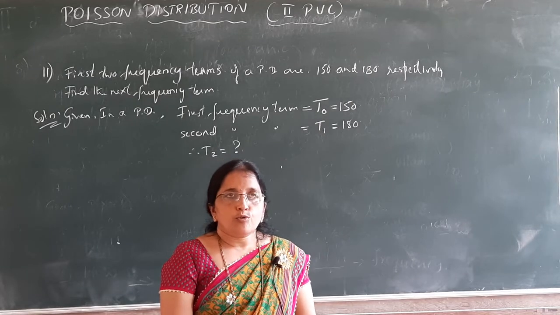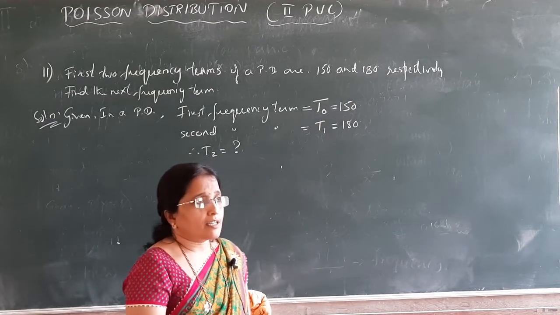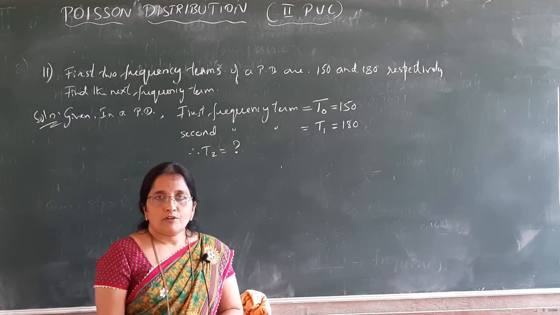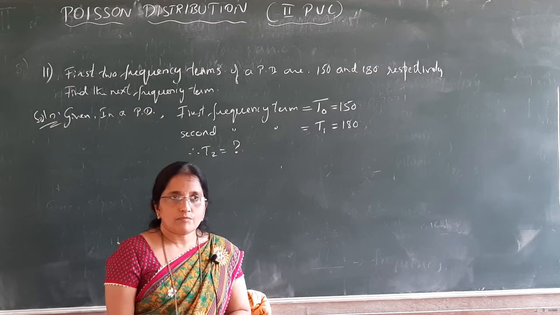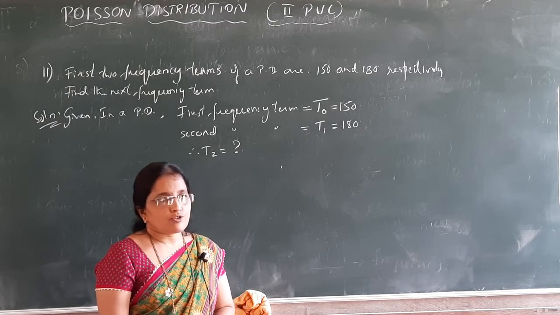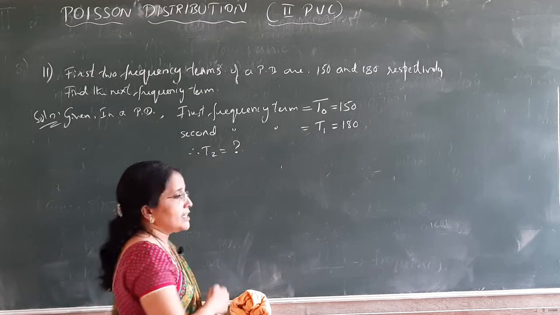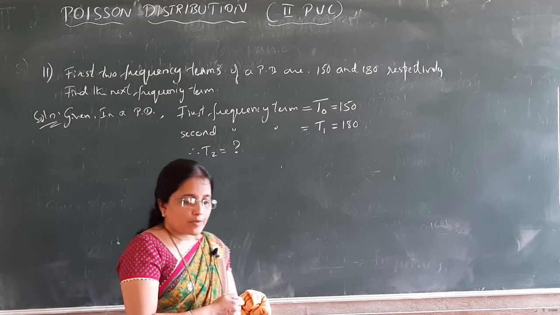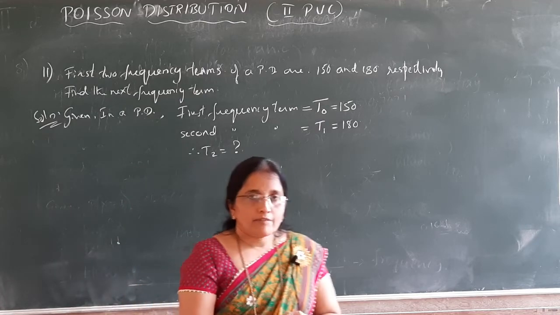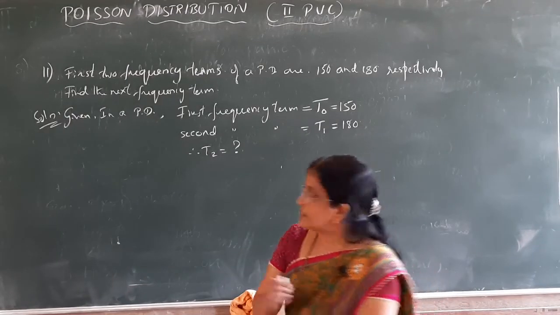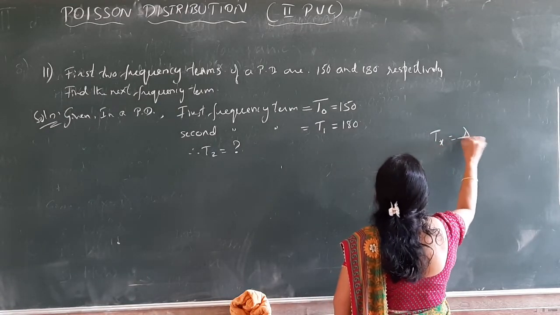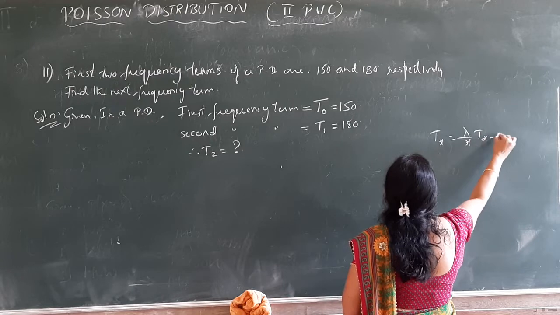Now, here to find T2, that is with the help of the recurrence relation, where we can find the successive frequency terms as in a binomial distribution. Now here T0 and T1 are given. With the help of that we can find T2. But to find T2, we have seen the recurrence relation is Tx is equal to lambda by x into Tx minus 1.